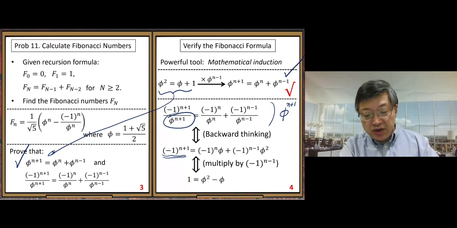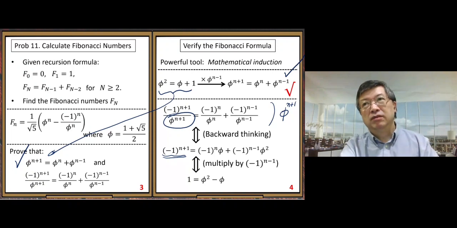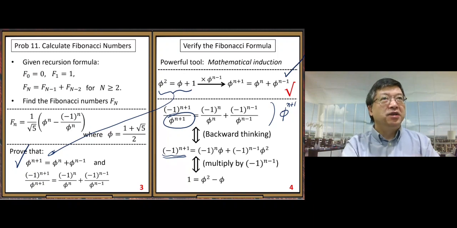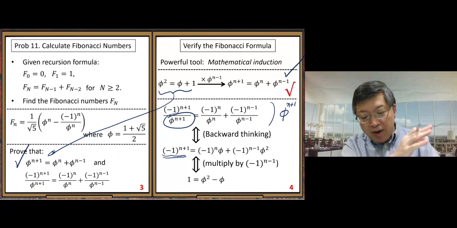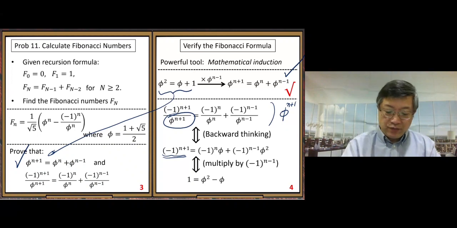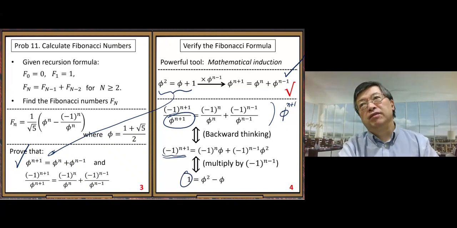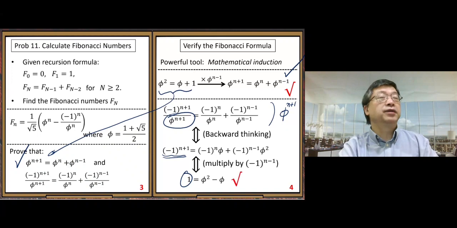In this way, you can see we completely remove the negative 1's power, the annoying part, to get a clean, short expression: 1 equals phi squared minus phi. This happens to be one of the properties of the golden ratio. We derived it before, so 1 can be represented as phi squared minus phi, and here we just use it. And we are sure this is correct.